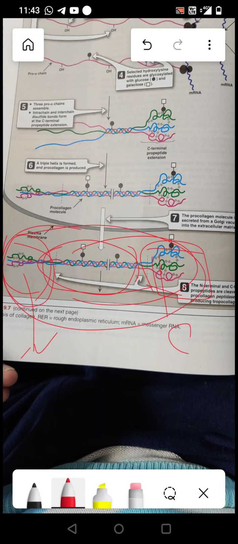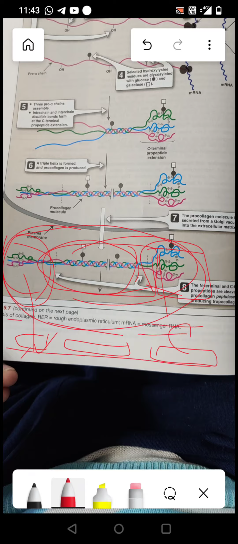Now this remaining part becomes a tropocollagen. One tropocollagen here, another tropocollagen here, another tropocollagen there. With a gap, these three become one fibril. Multiple fibrils then become your fiber of collagen.